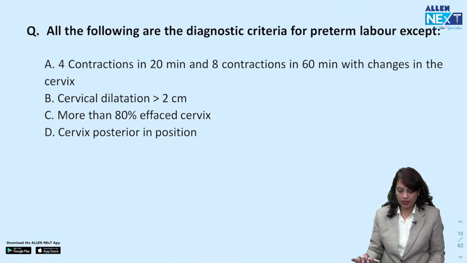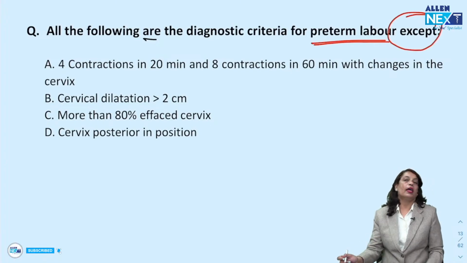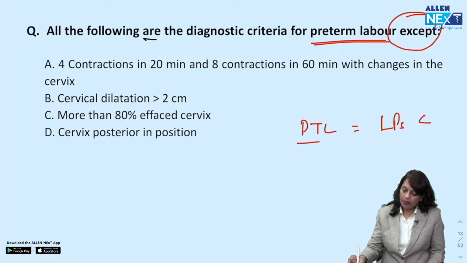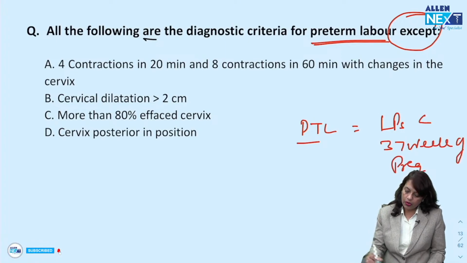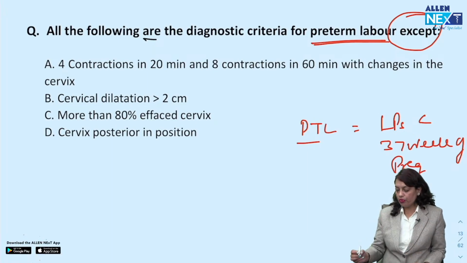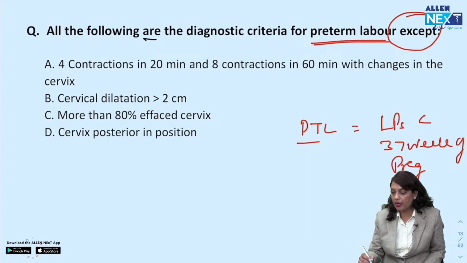Next, all of the following are diagnostic criteria for preterm labor pains except. Preterm labor pains means labor pains are starting before 37 weeks of pregnancy. And what do you do when you want to arrest the preterm labor pains?